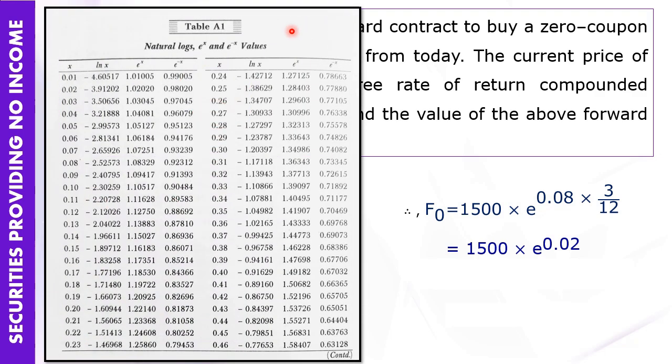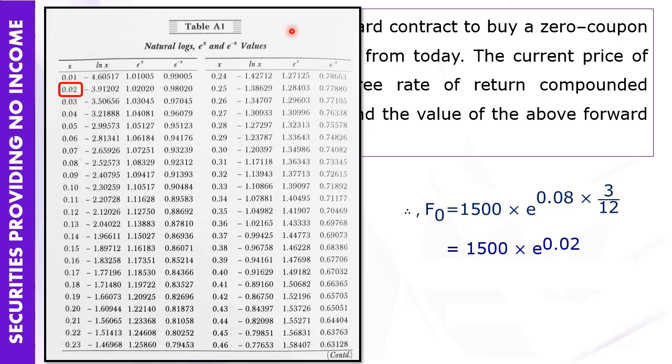It contains 3 values: natural logs, usually used for option pricing in this subject, then e to the power x, the exponential value of positive x, and the exponential value of negative x. Now I have to look for e to the power 0.02, which is positive, in the table. So that is here, 0.02 and the corresponding value.